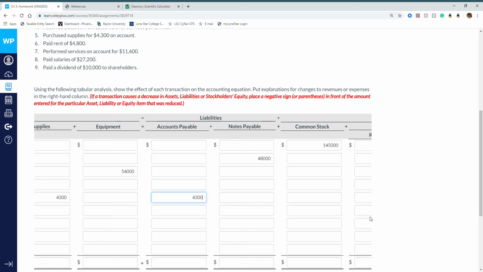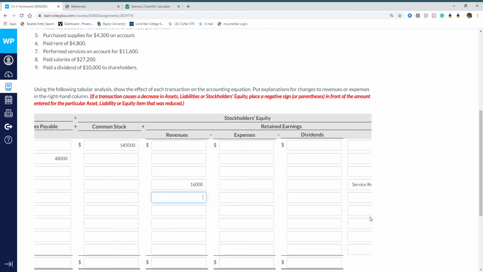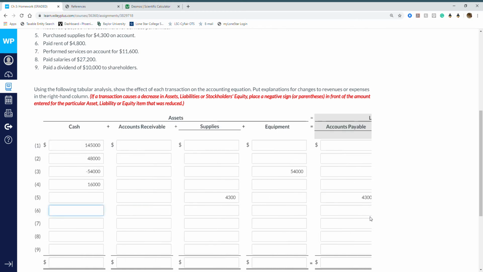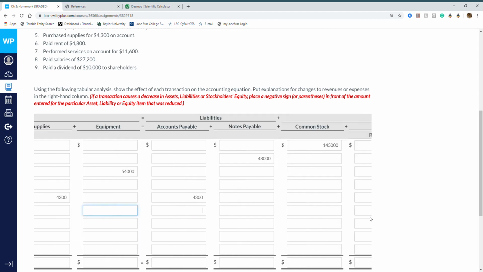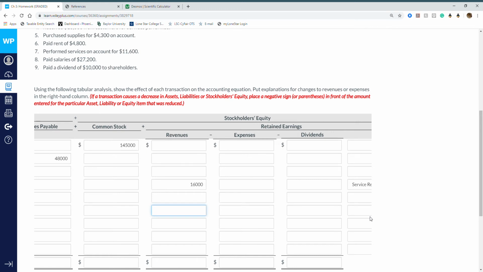Again, we do have an obligation to pay. Next, we paid rent. So we paid our rent, again cash, and this is going to be an expense. Now the book likes to keep it negative, so we're going to keep it negative right here and state what it is. It is rent expense.